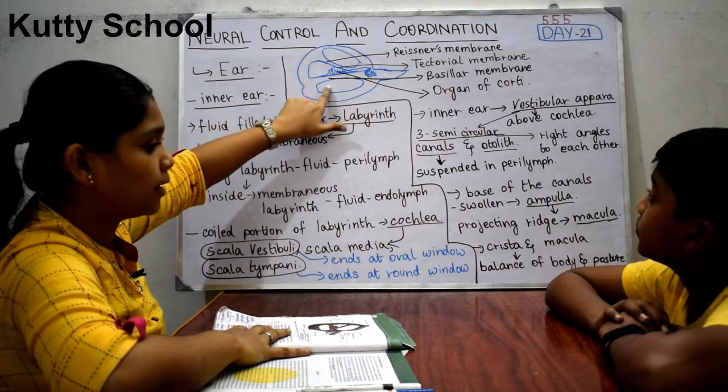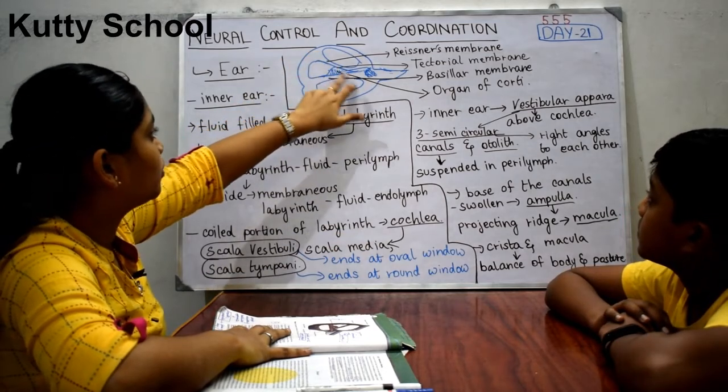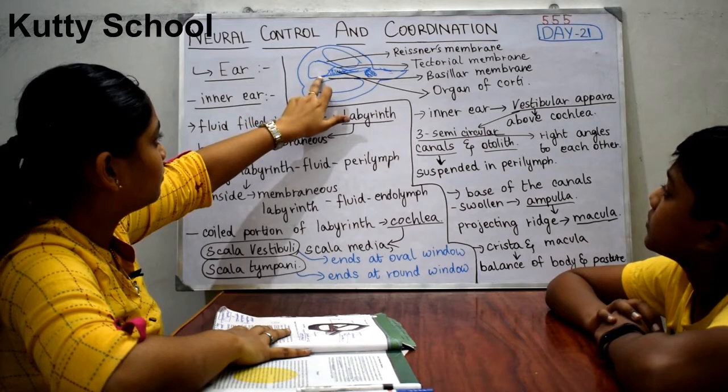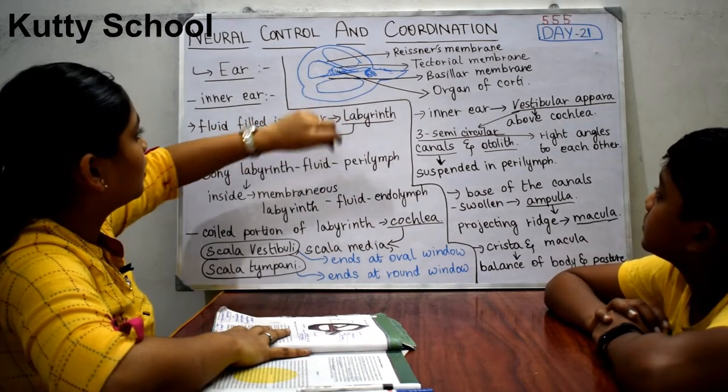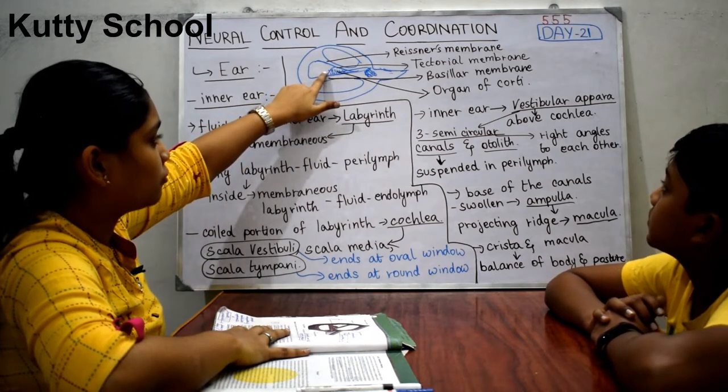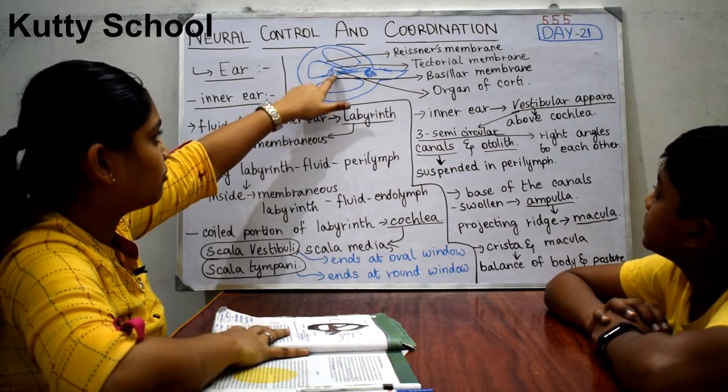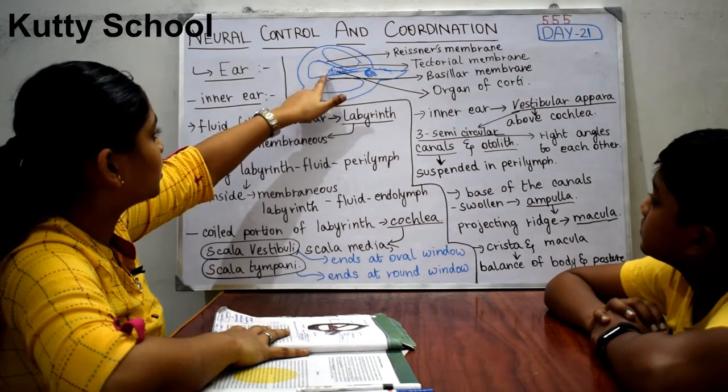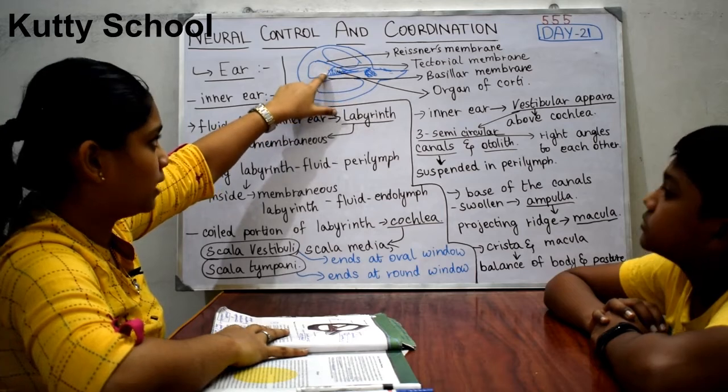It is divided by 2 membranes, Reissner's membrane and basilar membrane. There is the organ of Corti in the scala media. It consists of many hairs, and these hairs are covered by a membrane called the tectorial membrane.